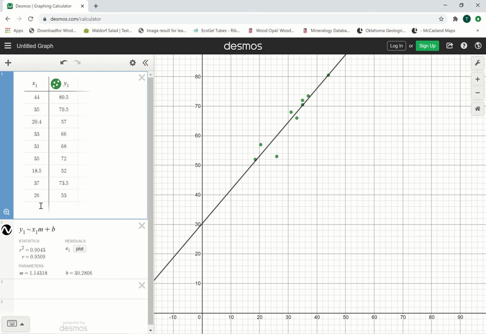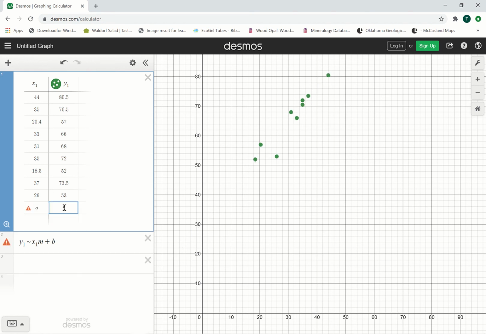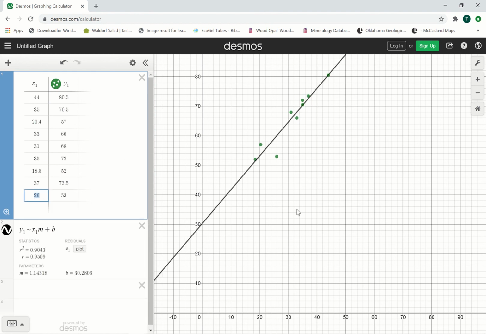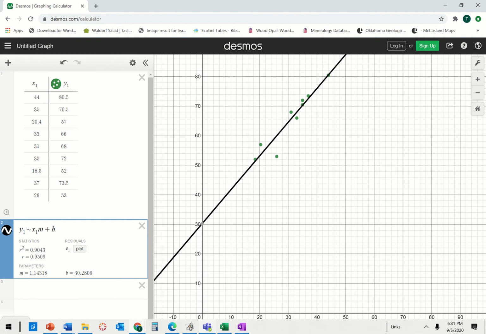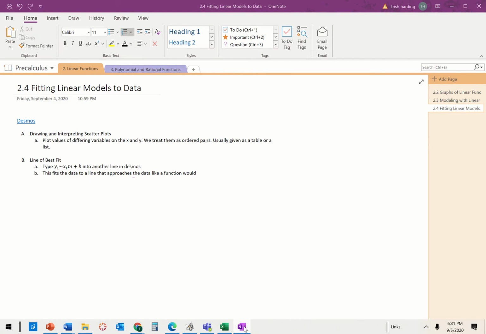No, I cannot. Well, if I could show you, what happens when you move these points is this line that you see here will actually change. It will move in order to fit those points well. If it's really spread out, it actually won't fit them well at all.